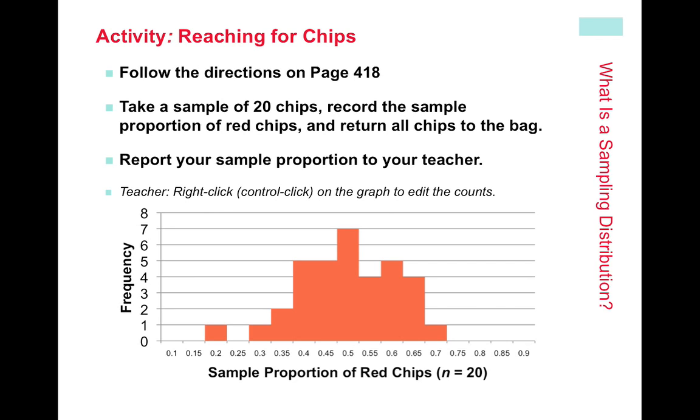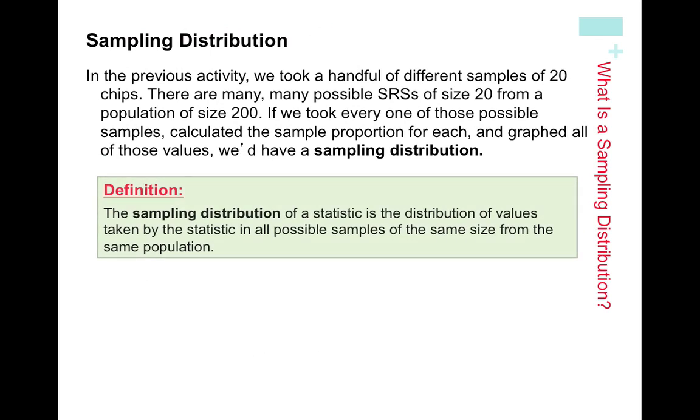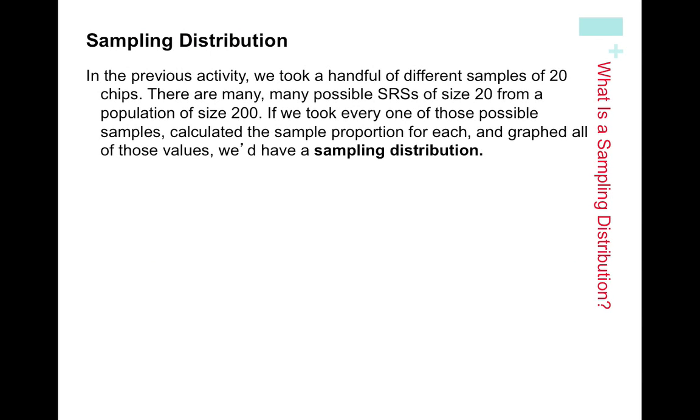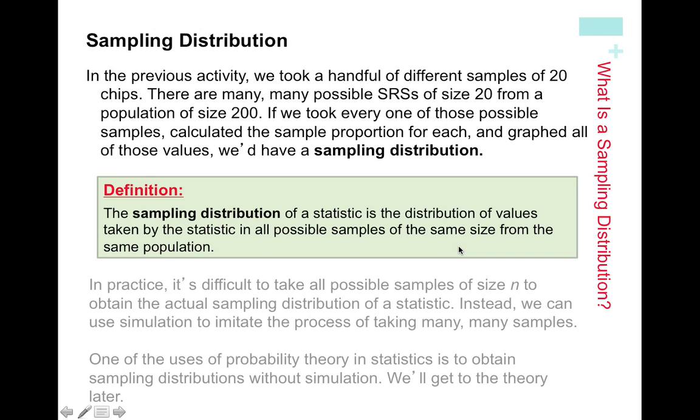There were red chips and blue chips in there, and you counted how many reds there were, your proportion of reds, and then we plotted the sampling distribution. You were in pairs, everybody had their own p hat, and we plotted all those values. So the sampling distribution of the statistic is the distribution of values taken by the statistic in all possible samples of the same size from the same population.